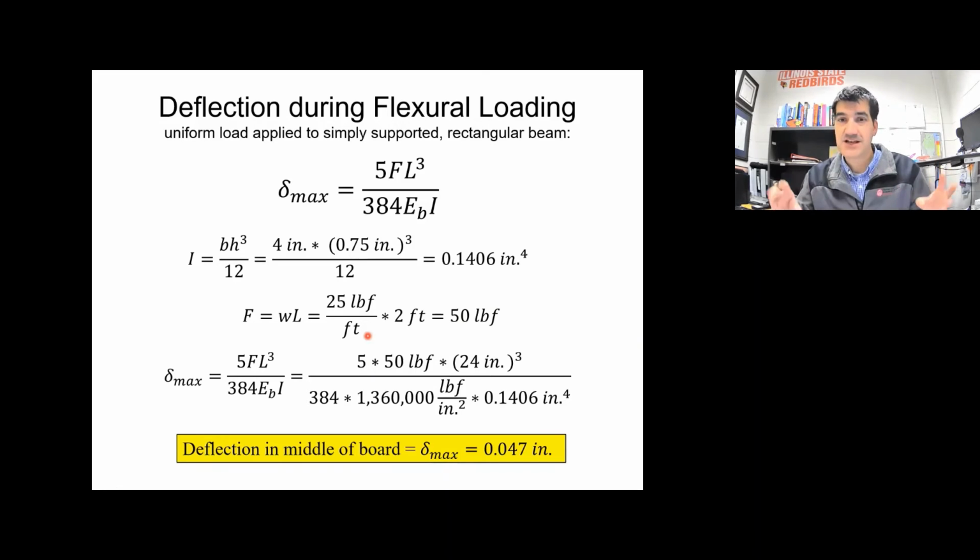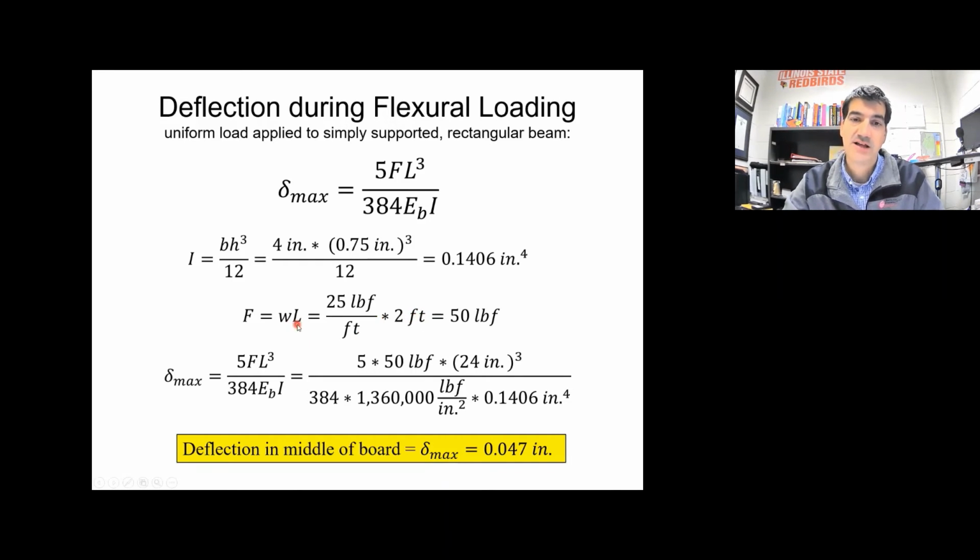Don't just plug in numbers and assume the units are going to cancel out. To make these dimensions cancel out, I have to plug in feet right here. Or I could convert the other one to pounds force per inch, but I chose to do it this way. I think it's easier.